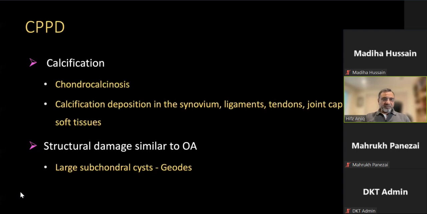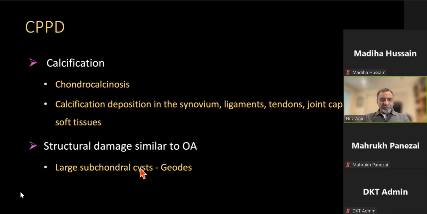Calcium pyrophosphate is a crystal that deposits in the soft tissues, all soft tissues. Synovium, ligaments, tendon, joint capsule, or all types of soft tissue, even the subcutaneous tissues. And the other thing is when it is in the synovium or cartilage, it destroys the joint like osteoarthritis, and that is associated with large subchondral cysts.